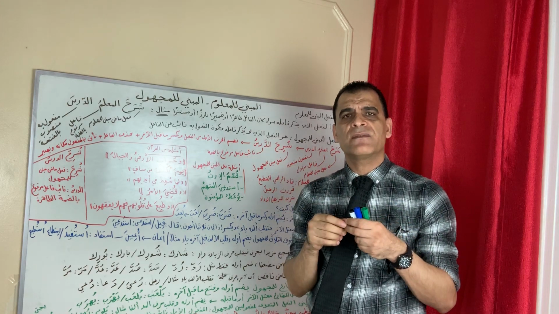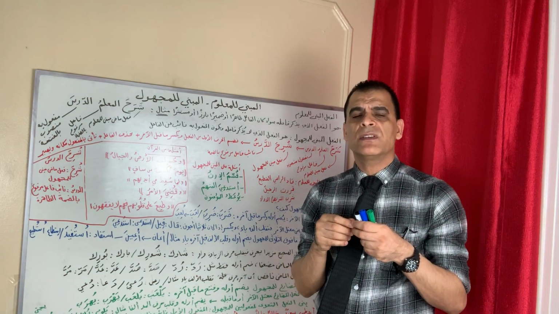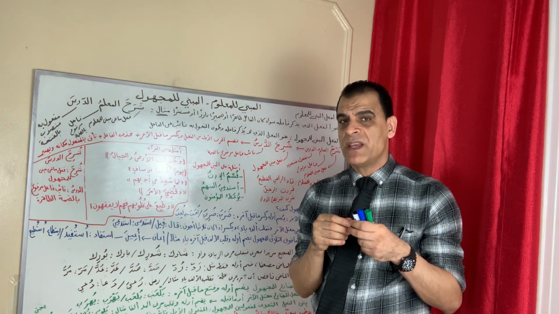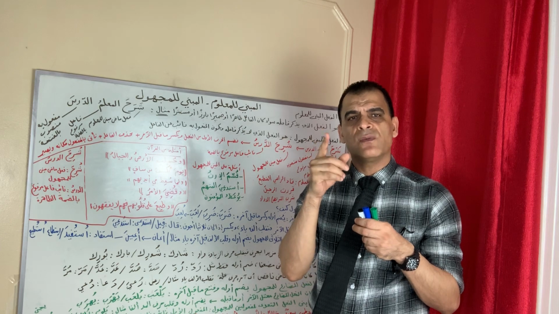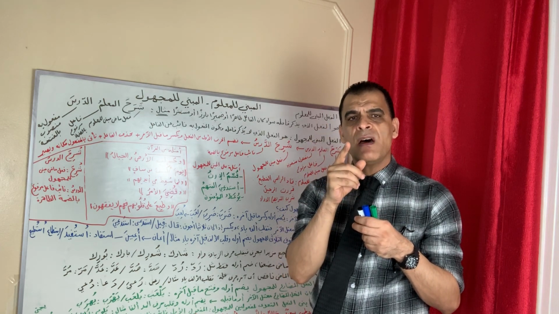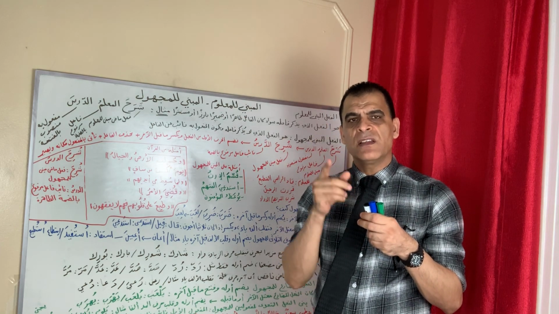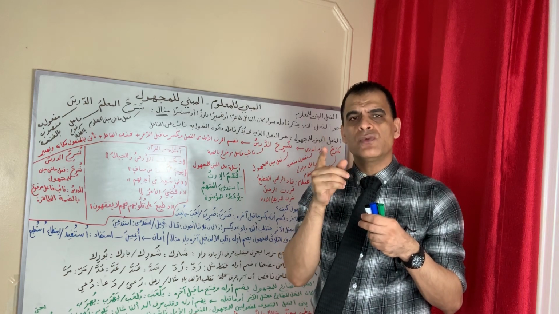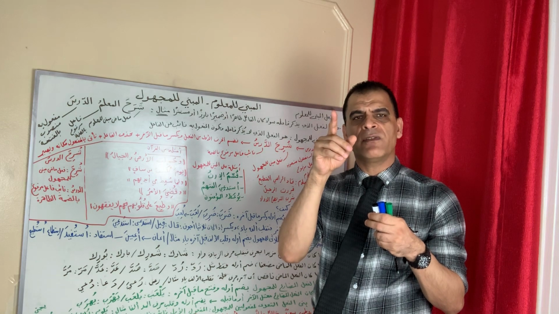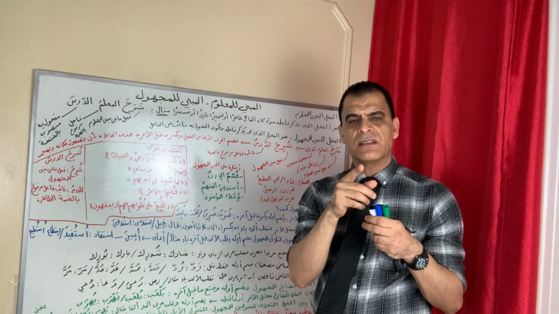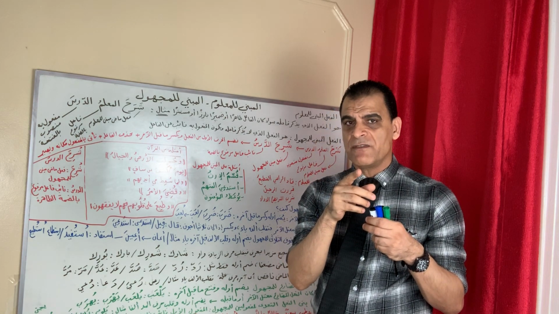Before, in the active sentence we say شرح, but when we make it passive we switch the شين to شُ with ضمة, and the راء to رِ with كسرة: شُرِح. We put ضمة on the first letter and كسرة on the second letter for the passive verb.